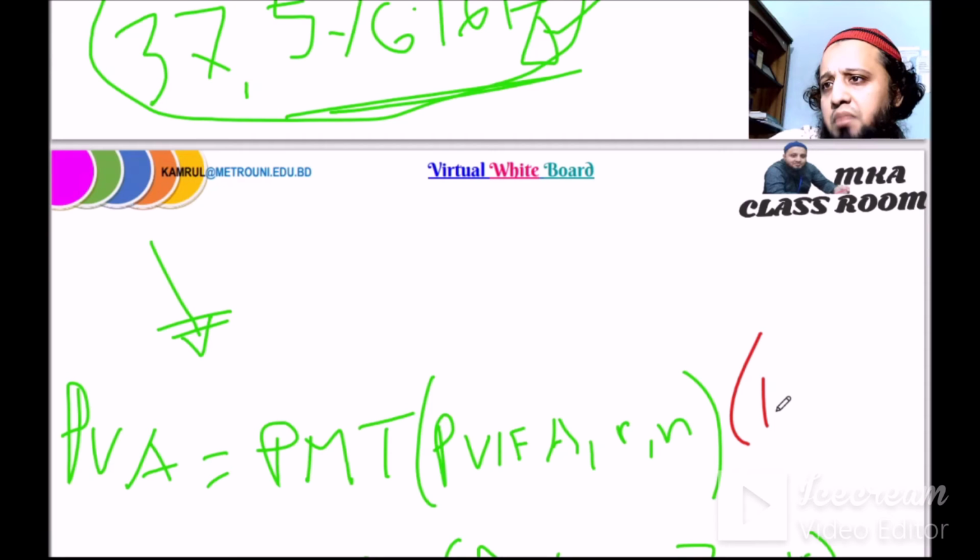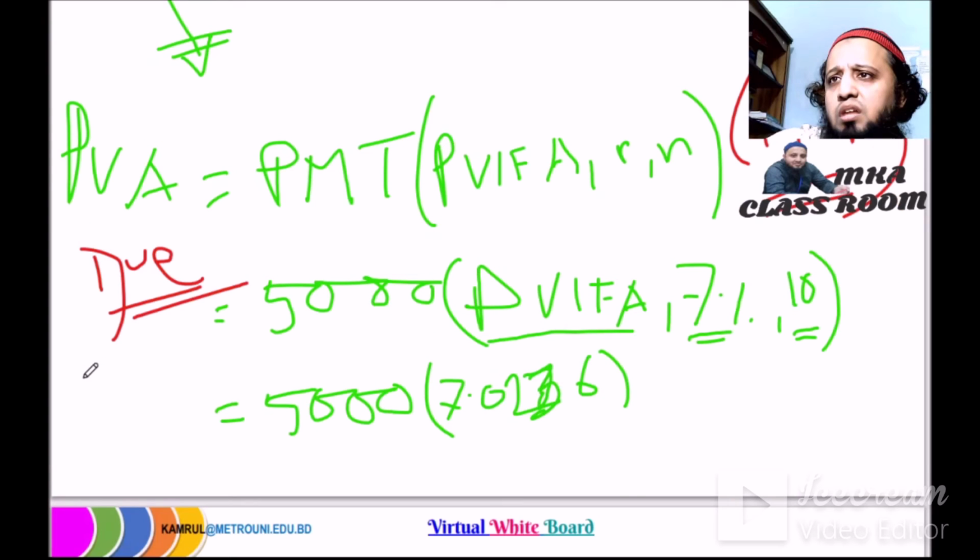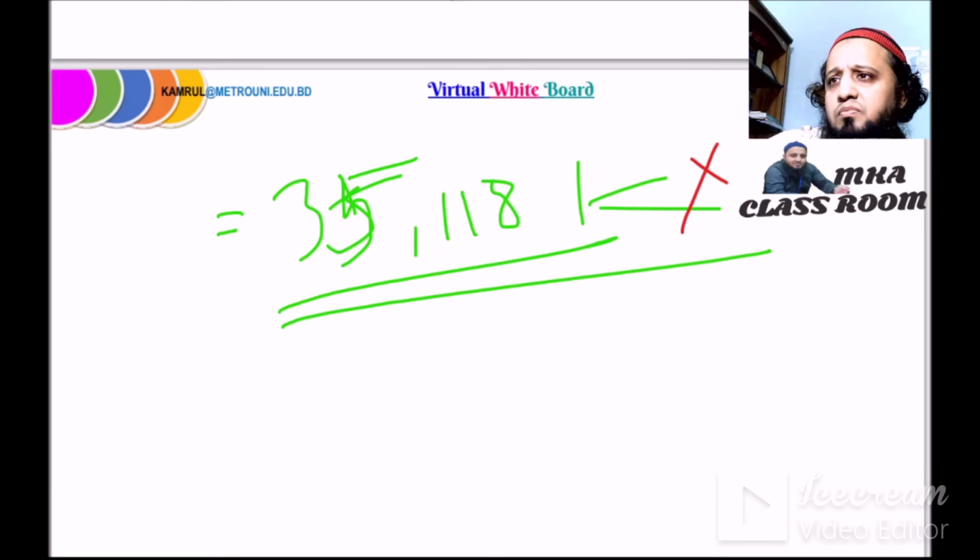We know that 1 plus r applies for the annuity due whenever it is due. So that is very easy for us. In the same way, we calculate everything and multiply by 1.07.